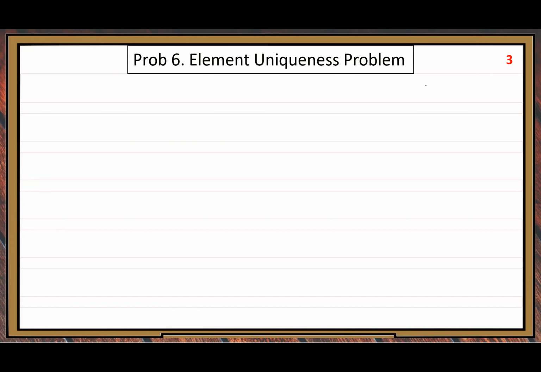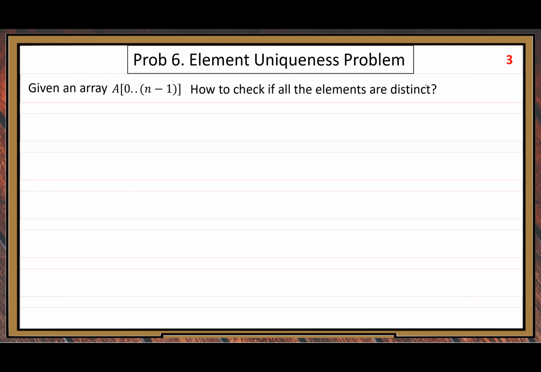Element uniqueness problem. From the name, you can guess the meaning. Given an array, how to check if all the elements are distinct. That's simple, but you want to find the fastest algorithm to check it.